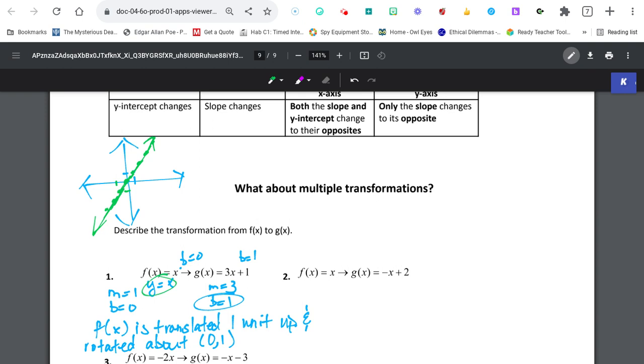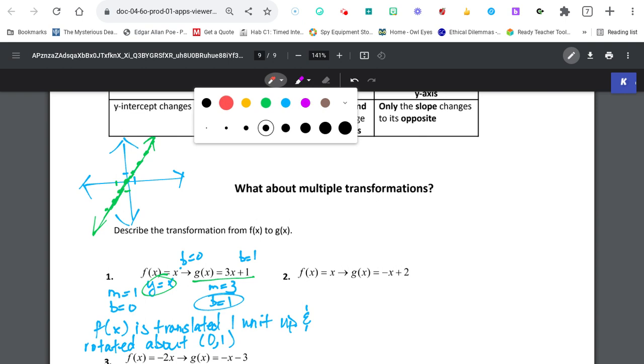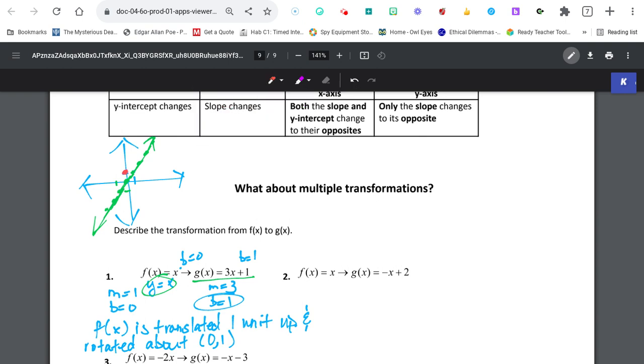And I see that it's gone to this function. That means the y-intercept has moved from 0 to 1, so that's plus 1. And now I have a slope of 3 over 1. So this slides up 1, and the slope goes 3 over 1, or you could go down 1, 2, 3, and left 1.